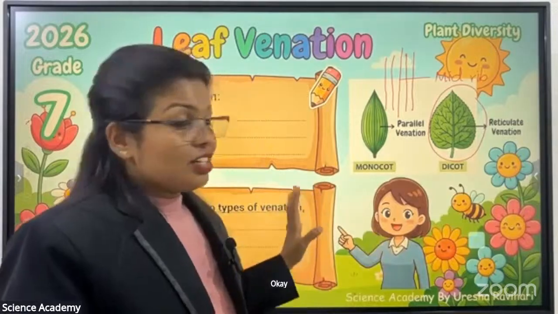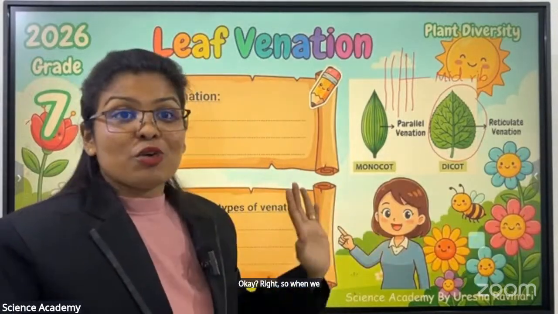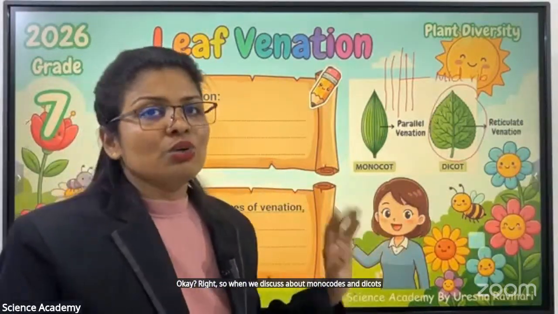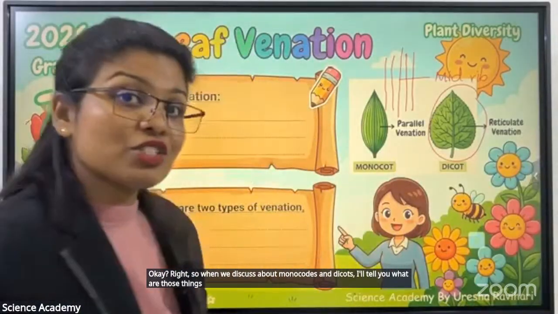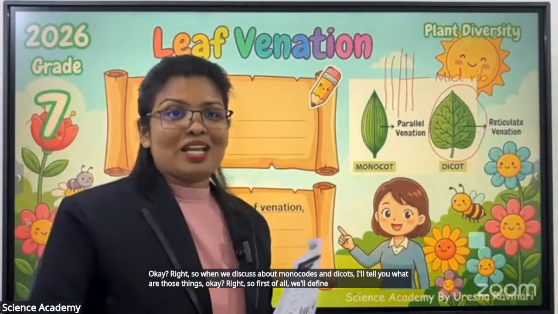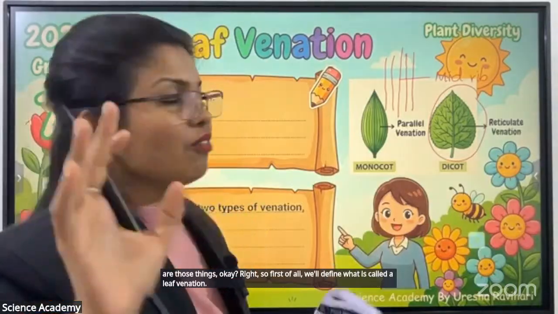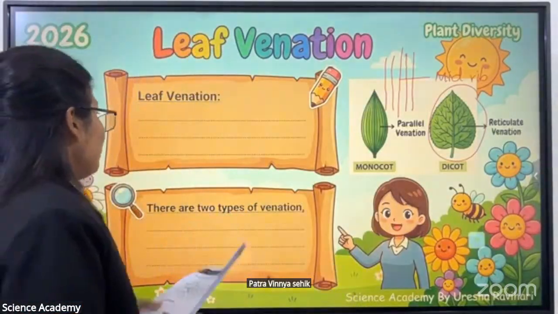When we discuss monocots and dicots, I'll tell you what those are. First of all, we'll define what leaf venation is.